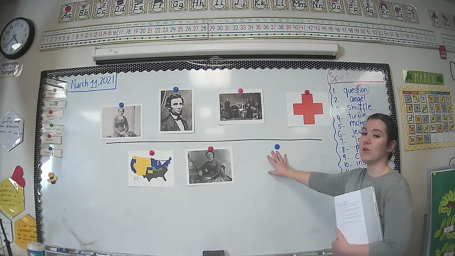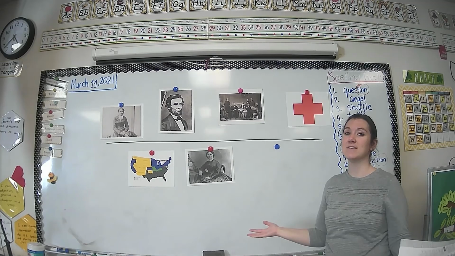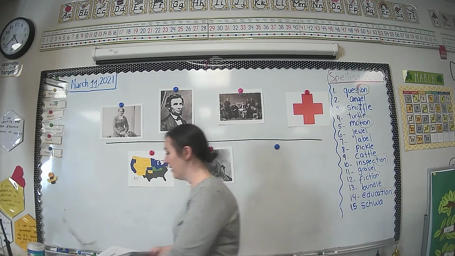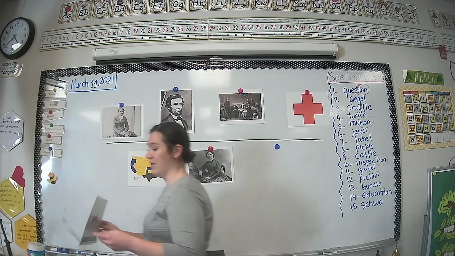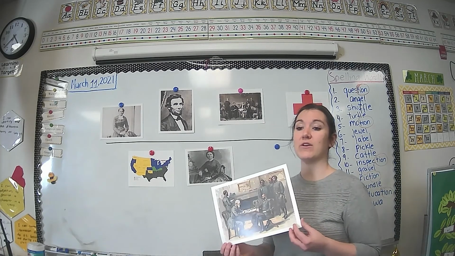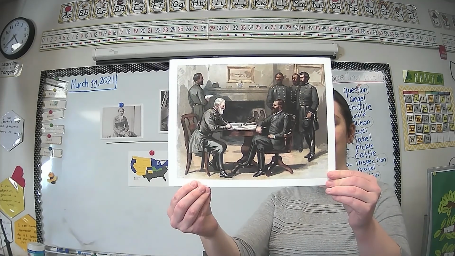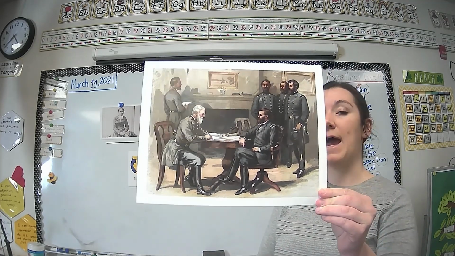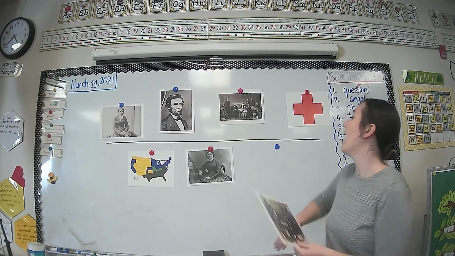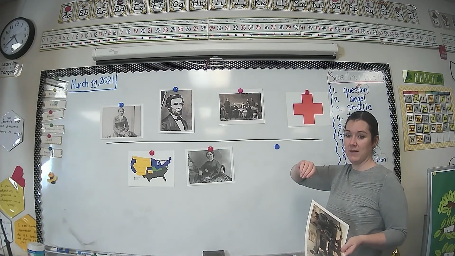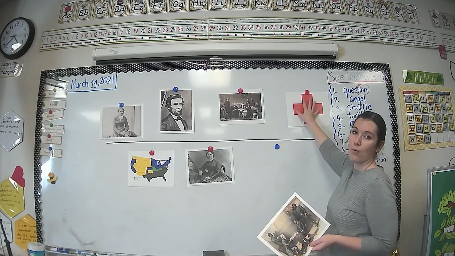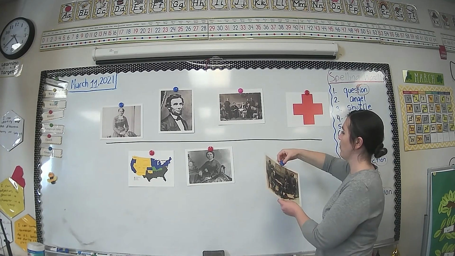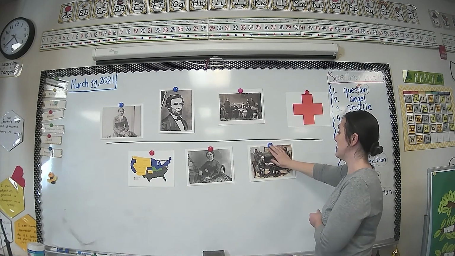We've got one more thing we're going to add, and that's the surrender. General Lee's surrender to General Grant. This happened after the Emancipation Proclamation was signed, but before the Red Cross was founded. So I'm going to put it right in between the two.